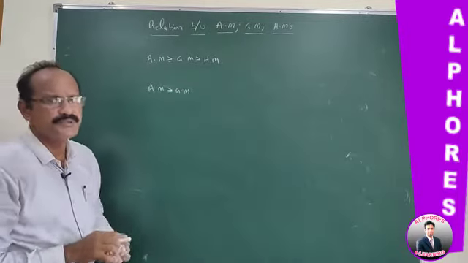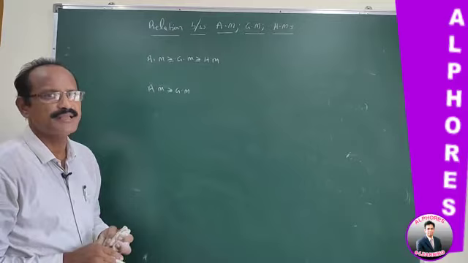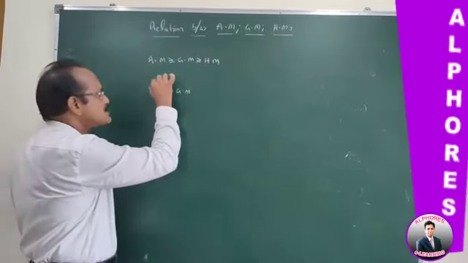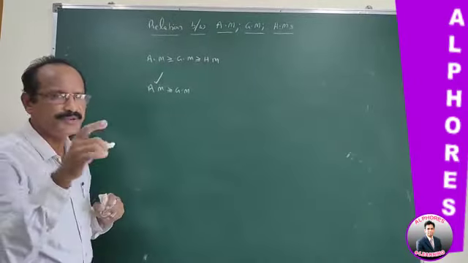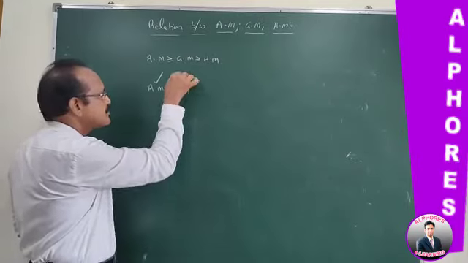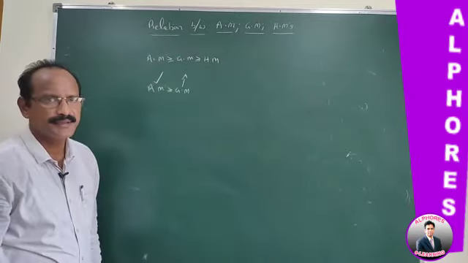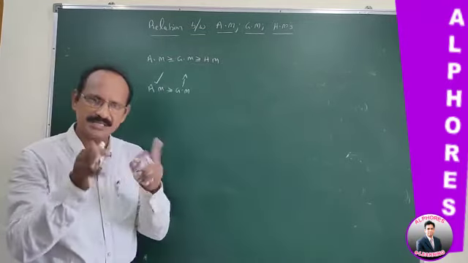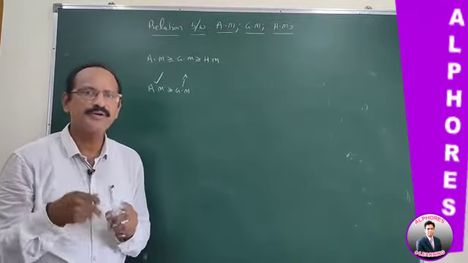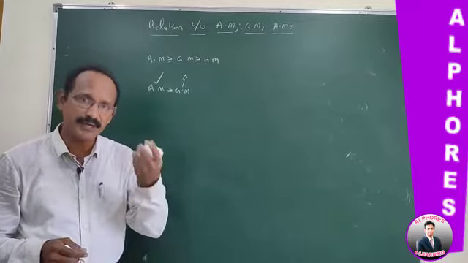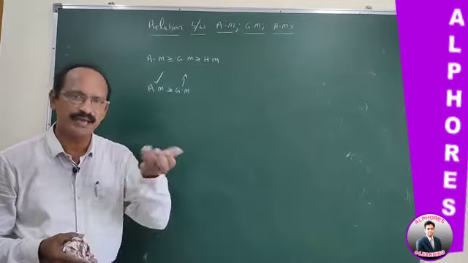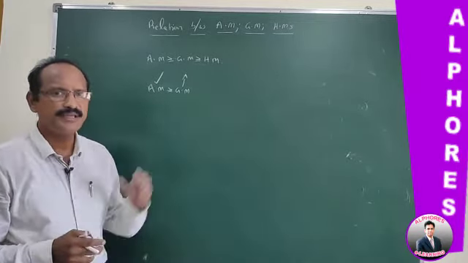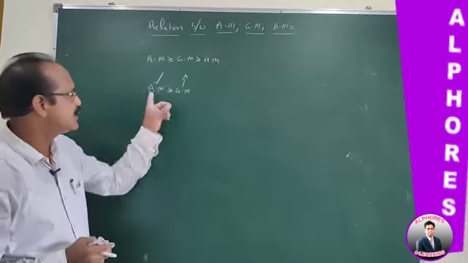This result is useful when the sum of the numbers is given. Then you can calculate the maximum value of their product. Once again, when the sum of the numbers is given and you want to calculate the maximum value of their product, AM greater than or equal to GM is used.